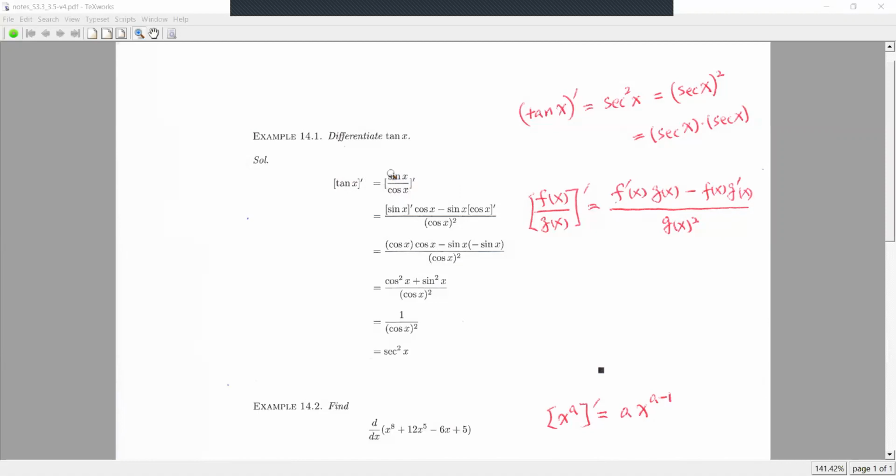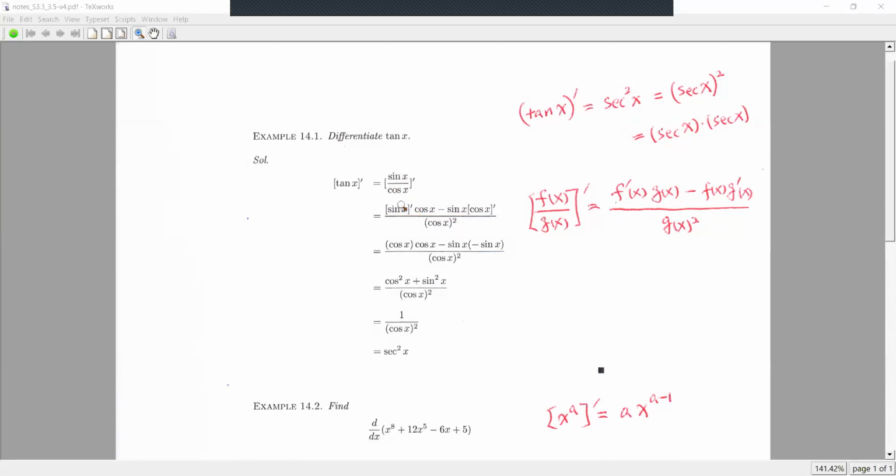By the quotient formula, this derivative is the derivative of the top times the bottom minus the top times the derivative of the bottom, then all divided by the square of the bottom.